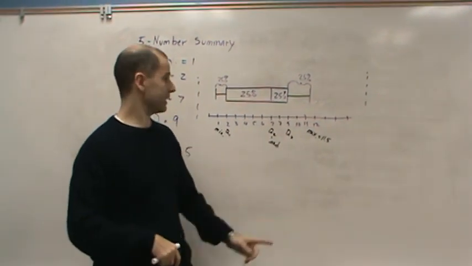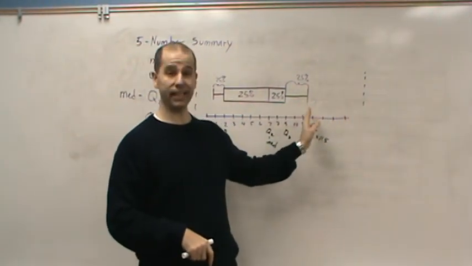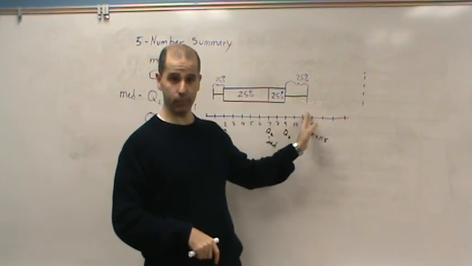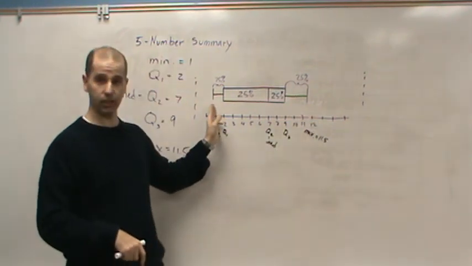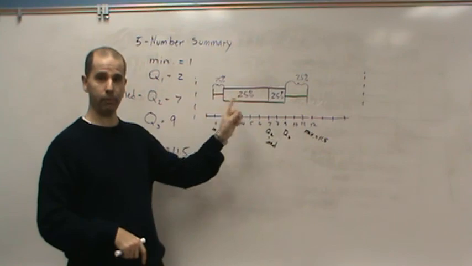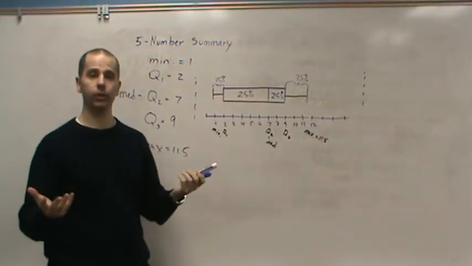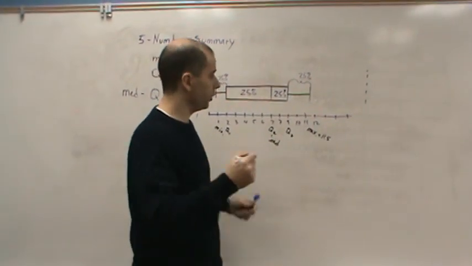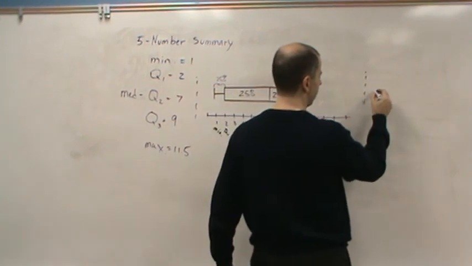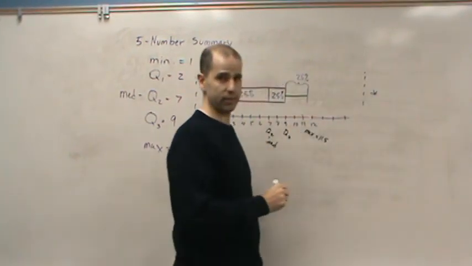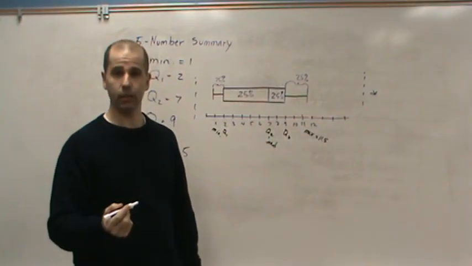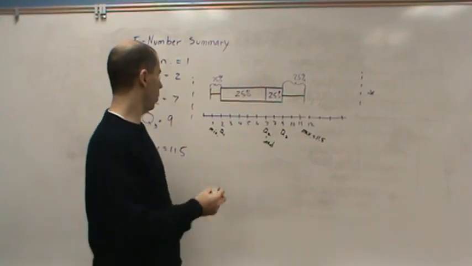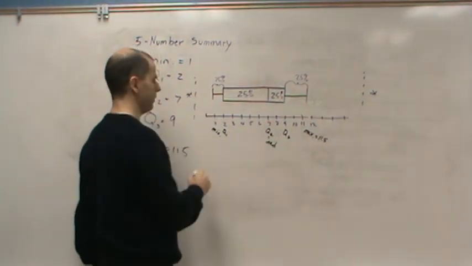I would use the next highest number or the next lowest number and create my box plot. And then what would you do with the outliers? You would denote them as an asterisk or a dot on the plot. So I would just have an asterisk out here.